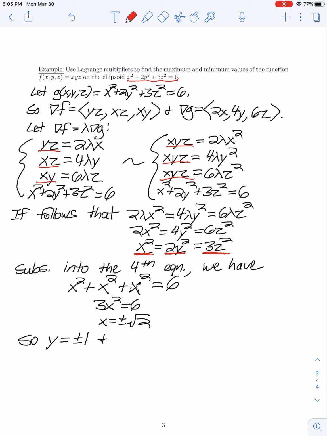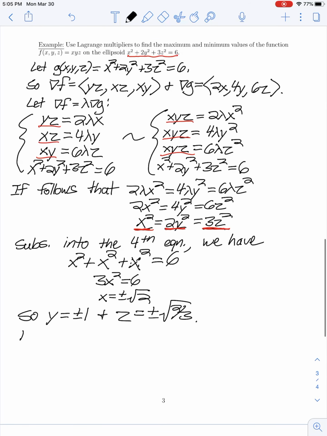And if we look at our equation for z, we know that 3z squared has to equal x squared, which was equal to 2 if x is plus or minus the square root of 2. So z squared would be 2/3, and z is then plus or minus the square root of 2/3.